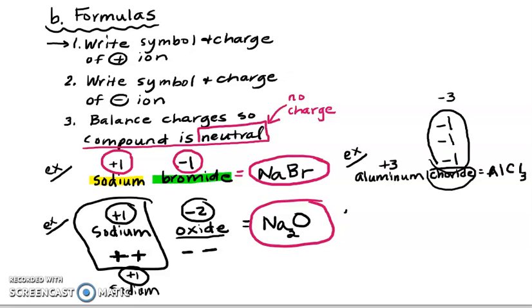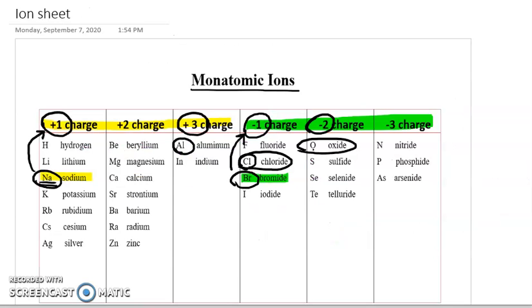All right, the next example is going to be, let's do calcium sulfide. So we look on the ion sheet and we find calcium. Calcium is Ca plus 2.